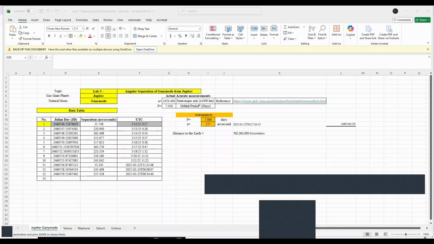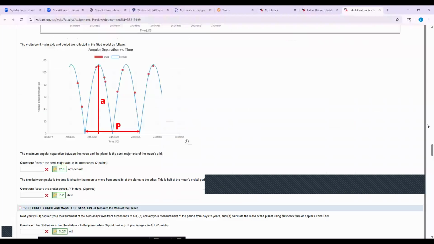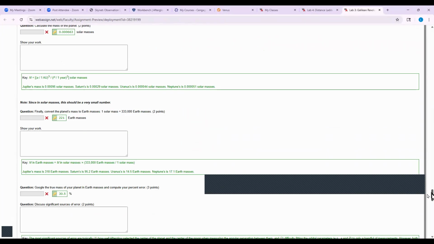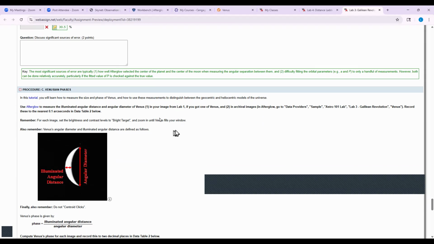And then going back to the lab tree, after this set of the data that is related to the gas giant, we go back to the Venus phase.